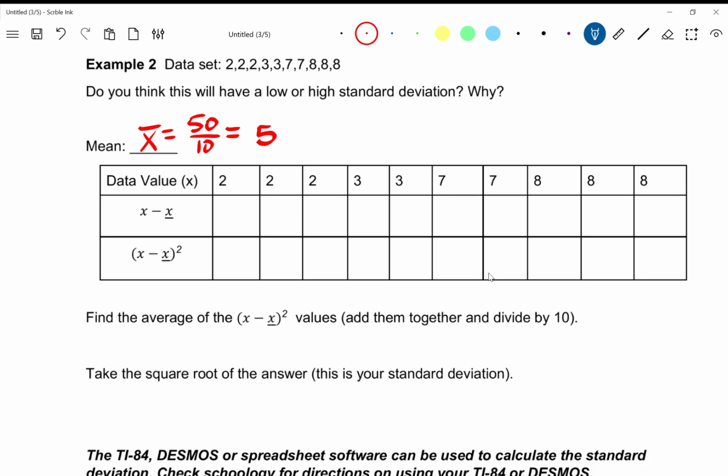So we're going to start off by doing the same thing. We're going to take each one of the 10 numbers and subtract 5 from it to find out how far away they are from 5. So 2 minus 5. 3 minus 5. 7 minus 5. 8 minus 5.